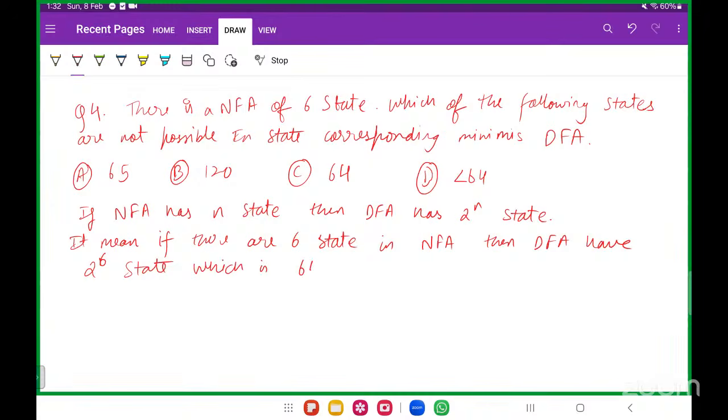It means the minimized DFA will have less or equal to 64 states. If that is the correct question, two options are right: 65 and 120 cannot be the corresponding minimized DFA. This is not possible in a minimized DFA.